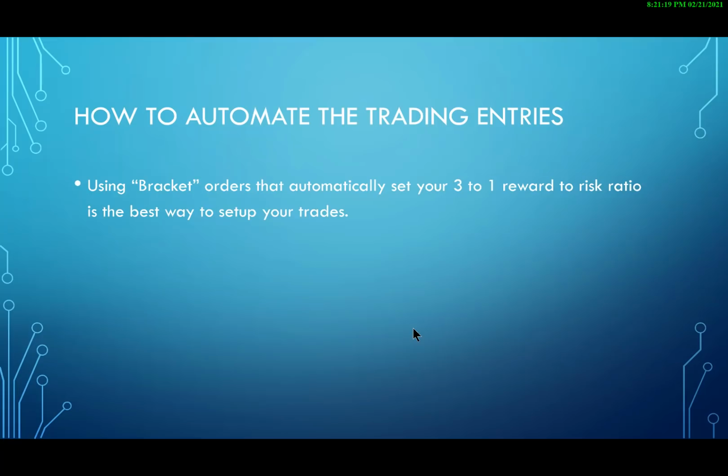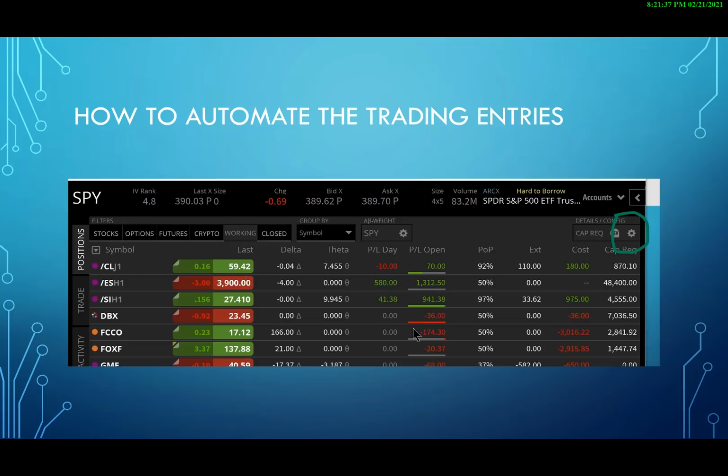Okay. How to automate our trading? Well, one of the other things that I do love about Tastyworks is the ability to automate this 3-to-1 reward to risk ratio using what they call bracket orders. Okay, so there is an easy way to automate this process. First of all, if you go into your Tastyworks account, you can see this gear wheel up here in the upper right hand corner.